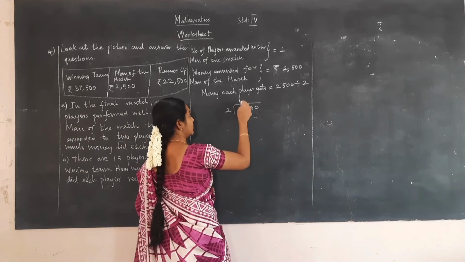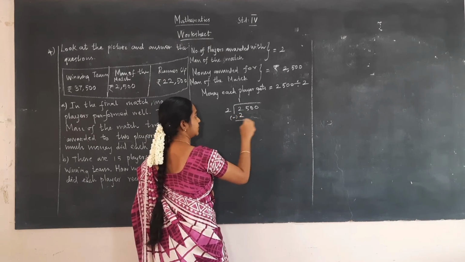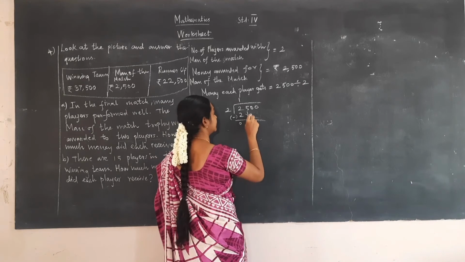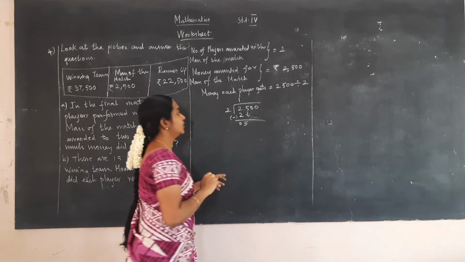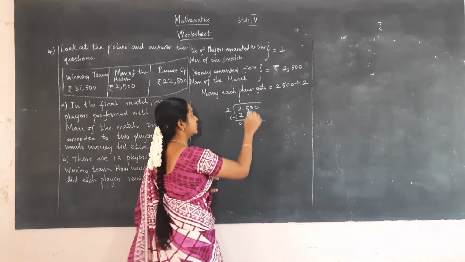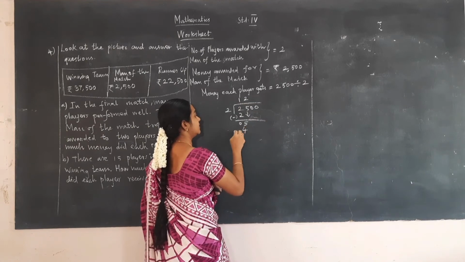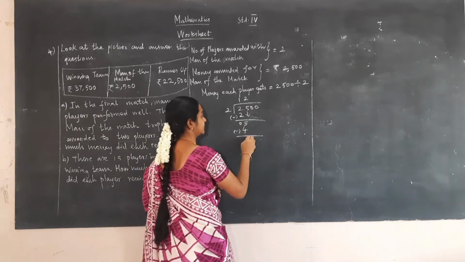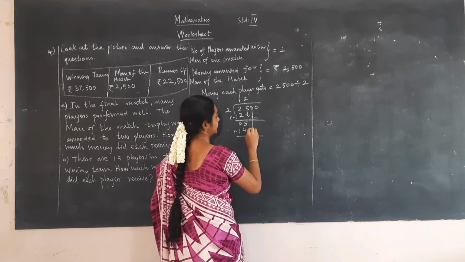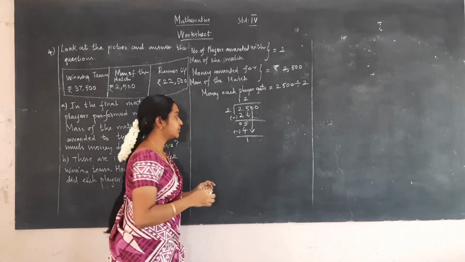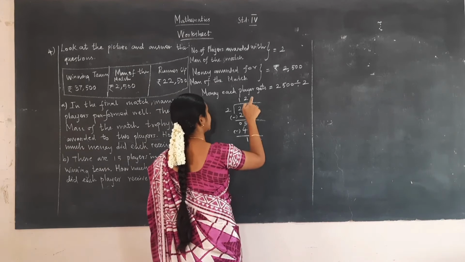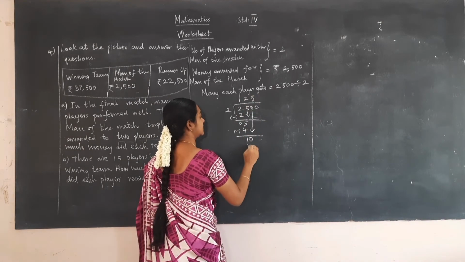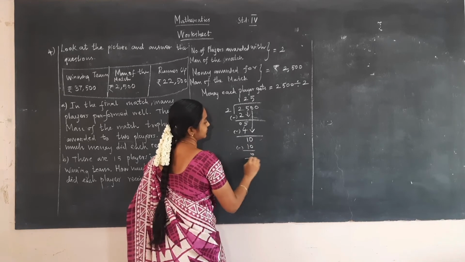So write 1 and 2. 2 minus 2 is 0. Now bring down the 5. 2 into 2 is 4. So write 4 here. 5 minus 4 is 1. Now bring down the 0. 5 into 2 is 10. 10 minus 10 is 0.